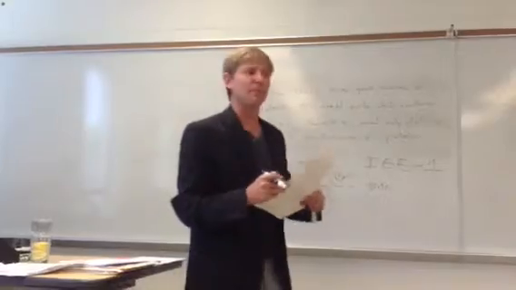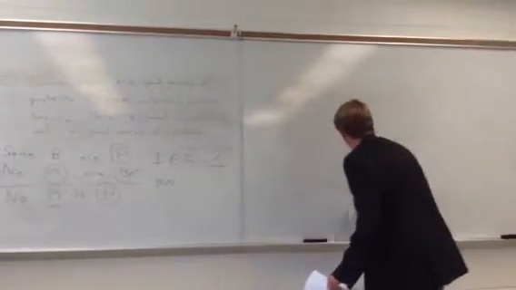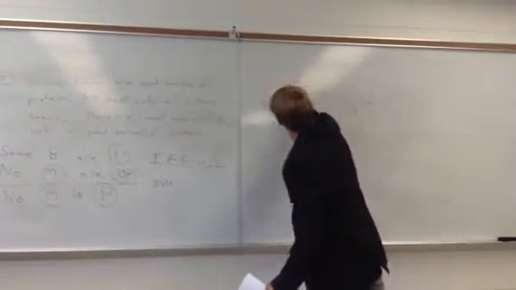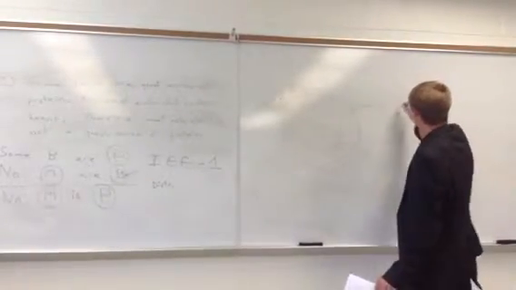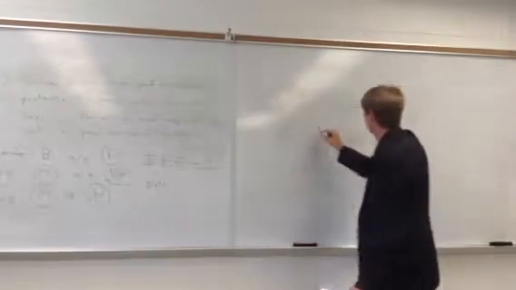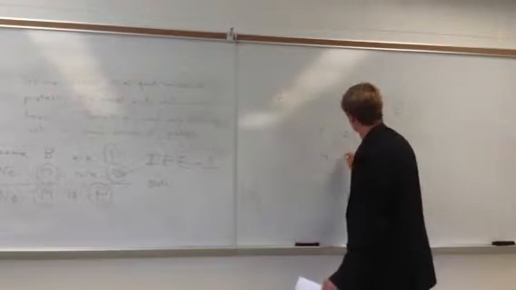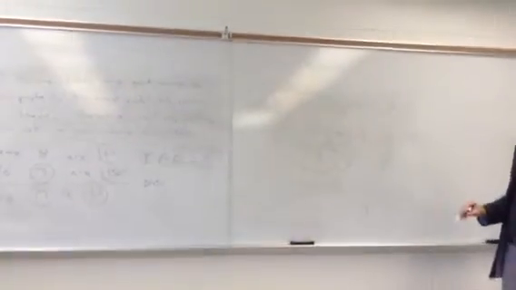Now let's diagram this one. I'm going to make B our upper left-hand circle, P our upper right-hand, and M our lower circle, with standard numerical labeling for communications purposes.